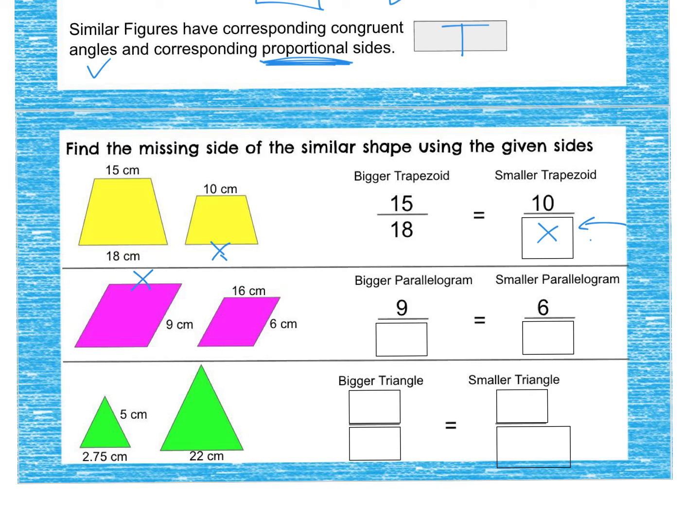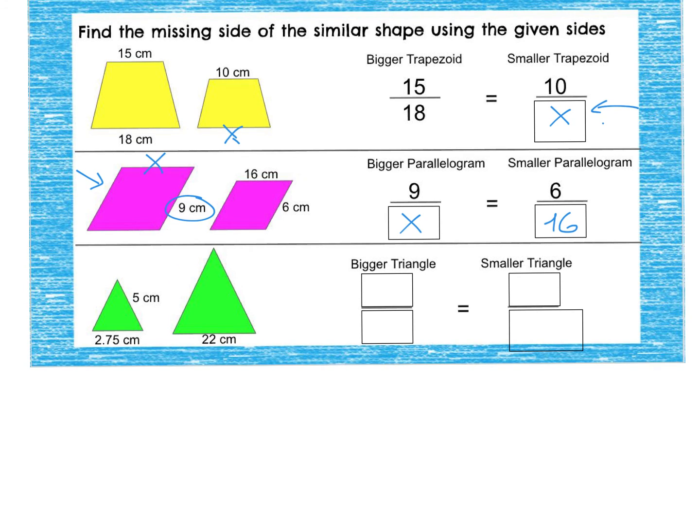We're going to fill in the blanks. For the bigger parallelogram, which is this one, we have 9, and we also need the x for the bigger parallelogram, right? For the smaller parallelogram, we have 6 and also 16. Make sure that you cross multiply and tell me the answer.